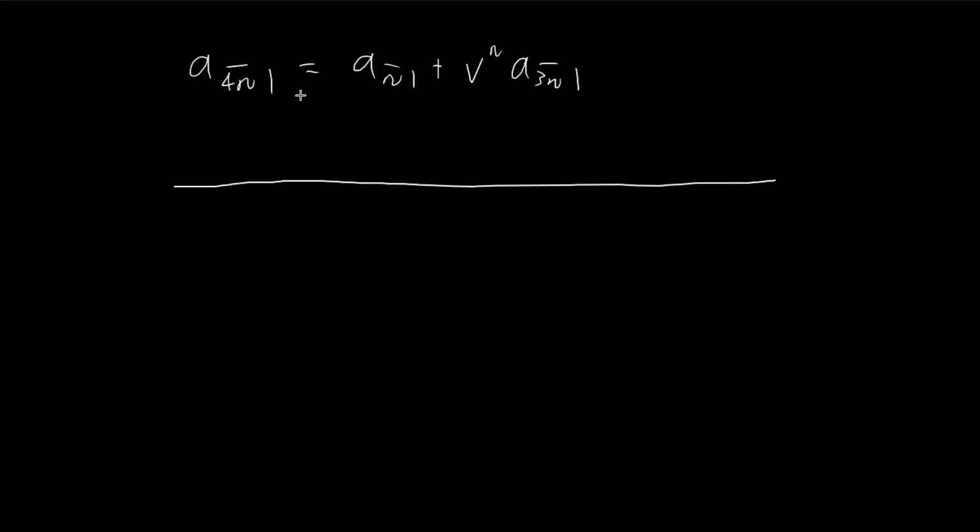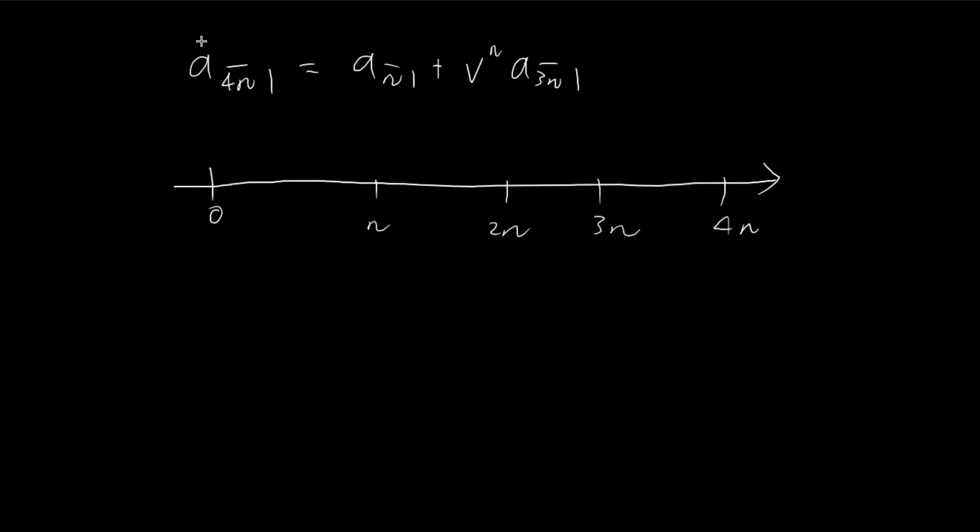We can notice that we can express a_4n as equal to a_n plus v to the power of n multiplied by a_3n. You can reason your way through this by observing this diagram. a_4n is payments going all the way from time 1 to time 4n.